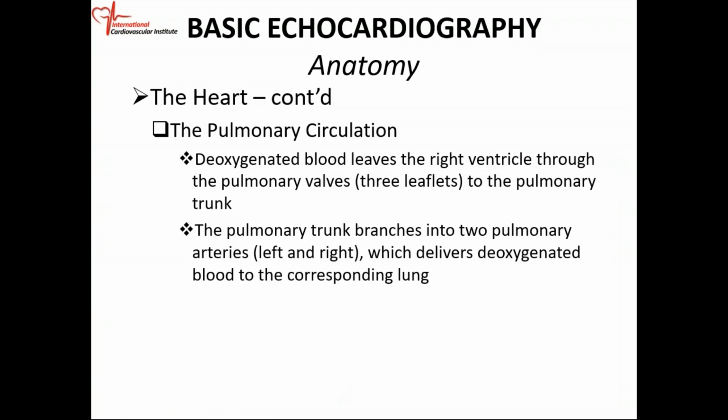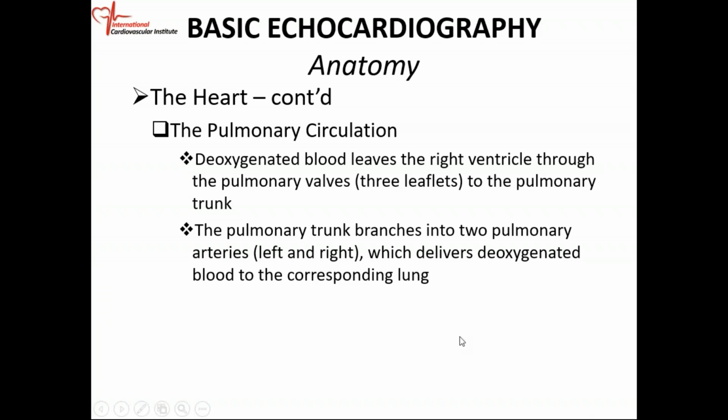All right. So I mentioned a little bit about the pulmonary circuit. That is where the blood leaves the right ventricle. It passes the pulmonic valve and it enters the pulmonary trunk. And from the pulmonary trunk, it's going to go to the right pulmonary artery and the left pulmonary artery.